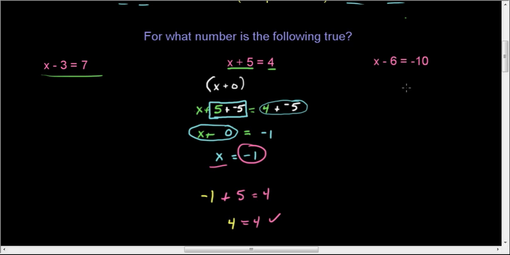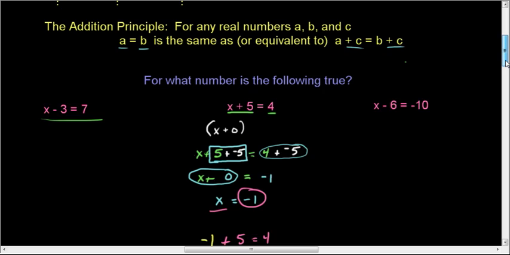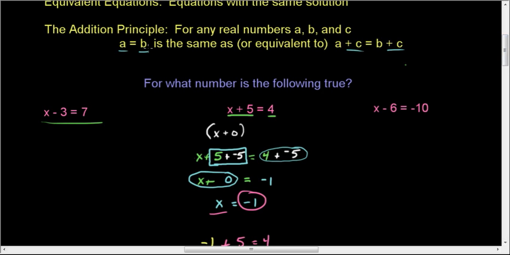Okay, let's work on this second one here. x minus 6 equals negative 10. And so again, recall that I have the setup of two numbers equal to one another, and I can add a number to both sides, and I'm okay. Well, the number I want to choose is the one that gets me x plus 0. That's my goal.